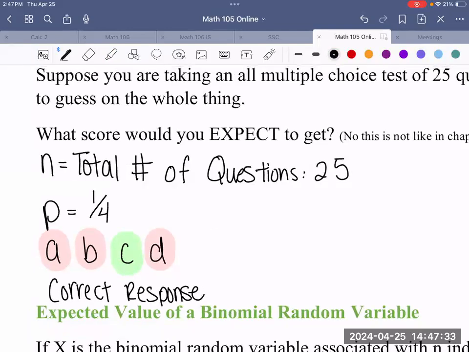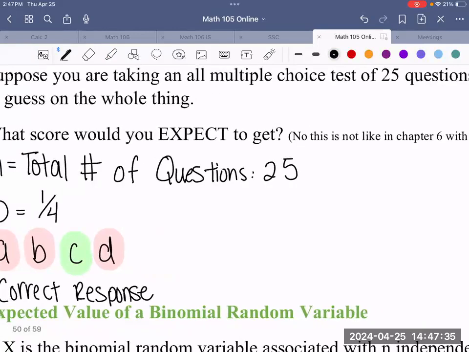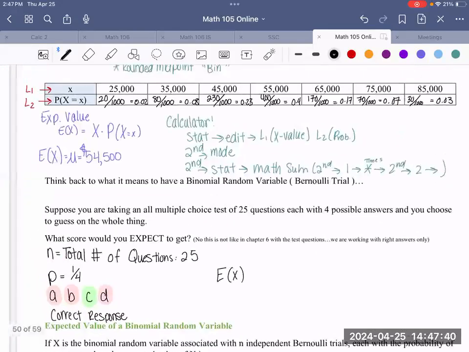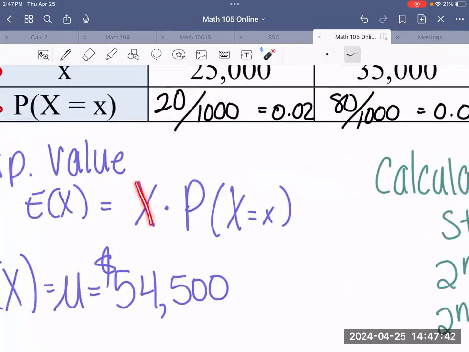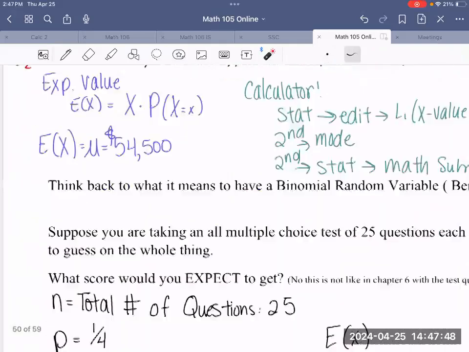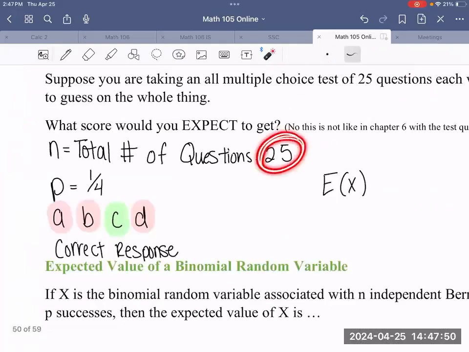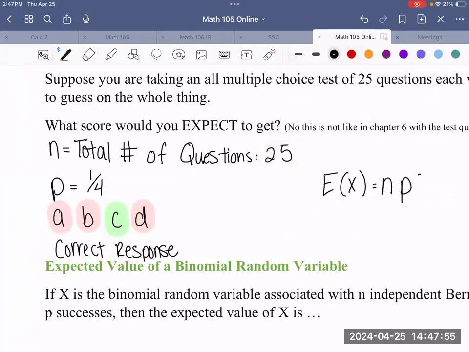So if we're taking a look at your expected value, keep in mind we said your expected value is your X value, the number, times the probability. Our value of N now times the probability of your success.